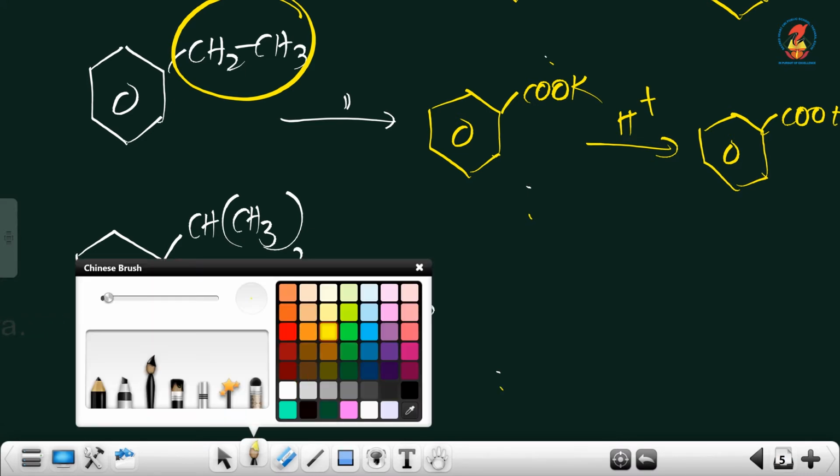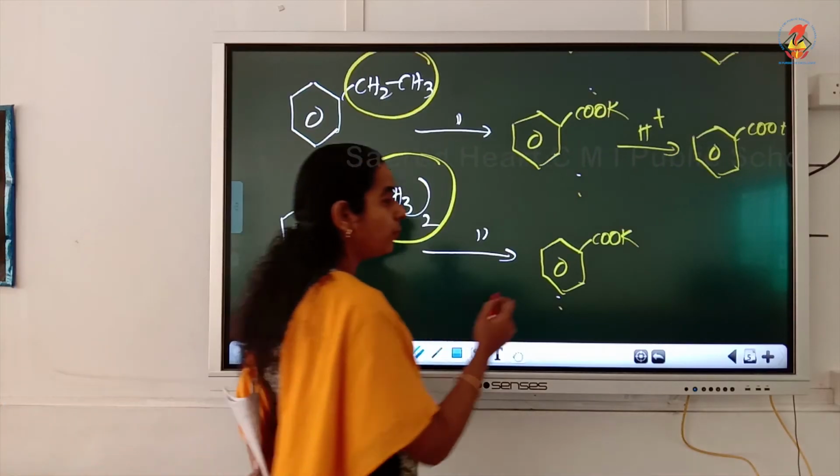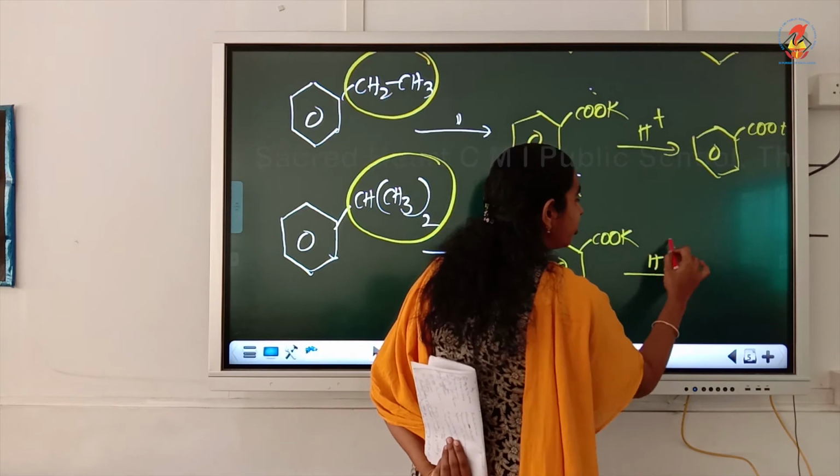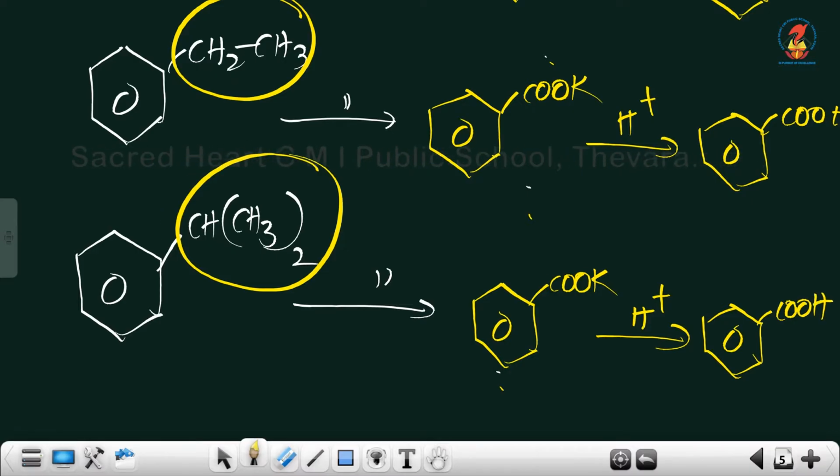But here also remember, the entire side chain will be oxidized to carboxylic acid. If we are using a sodium or potassium salt as the reagent, we will get the sodium or potassium salt of carboxylic acid, which on acidification gives carboxylic acid.